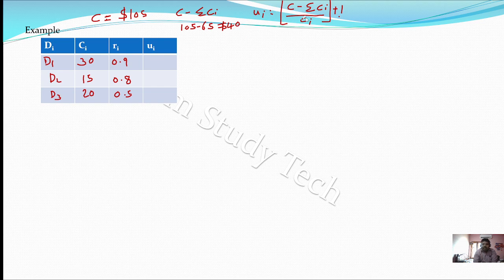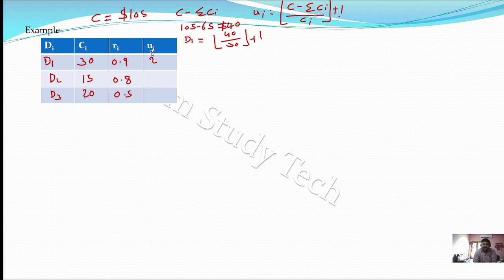So C minus the summation of Ci is 40. For example, for D1 it is 40 divided by C1, the cost of D1, that is 30, plus 1, that is 1 plus 1, 2 devices. So one device is already purchased, and one additional device you can take.